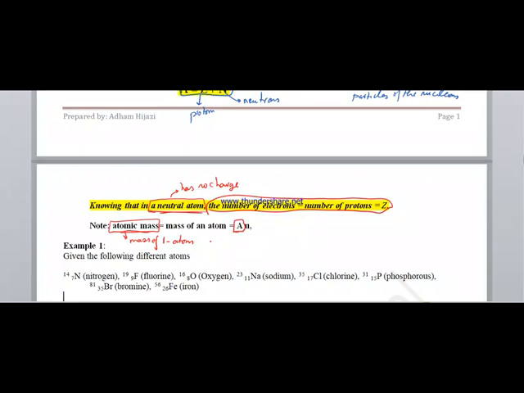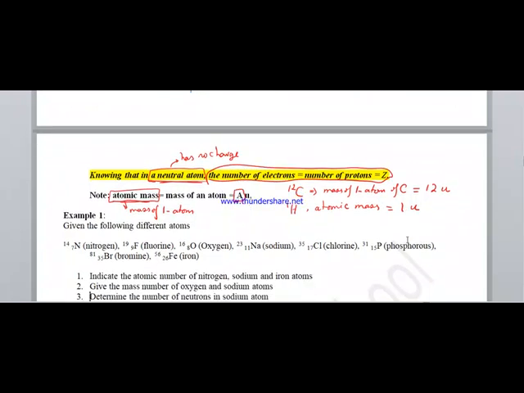For example, carbon has a mass number 12, so the mass of one atom of carbon is equal to 12, and we write the unit U. Hydrogen has a mass number 1, so its atomic mass, the mass of one atom, is equal to the mass number A, which is 1, with unit U.